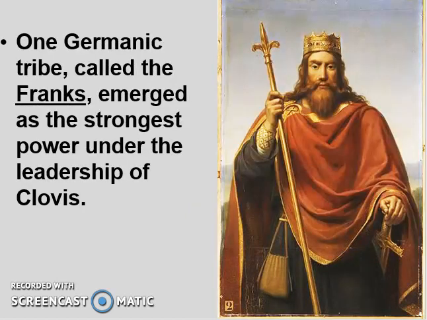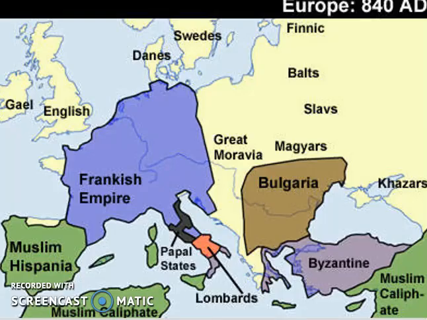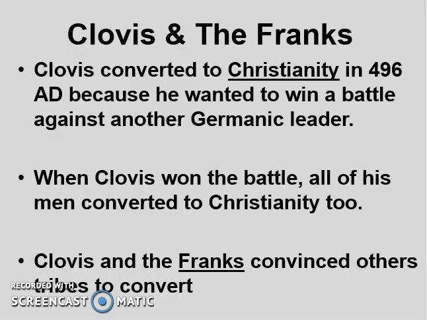One Germanic tribe called the Franks emerged as the strongest power under the leadership of Clovis. So this here shows you what becomes the Frankish Empire, which is this blue here. Clovis converted to Christianity in 496 AD or CE because he wanted to win a battle against another Germanic leader.